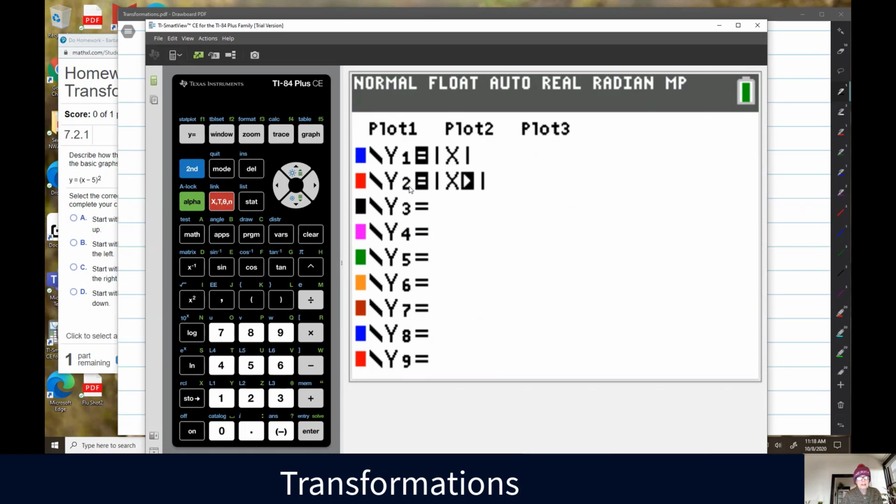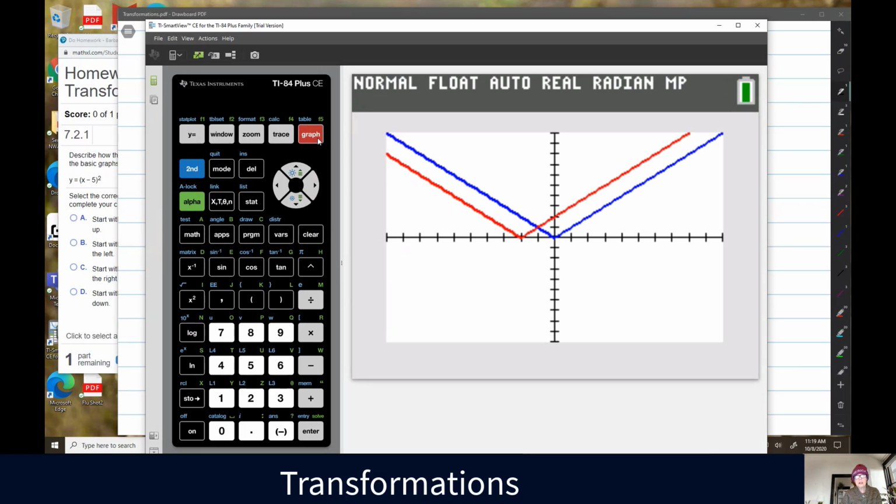Now I'm moving to the left, so that's going to be a plus here, and then 2. The absolute value of x plus 2 is going to move to the left 2 units. So the blue graph of the absolute value of x is going to be moved to the left 2 units. There it goes.